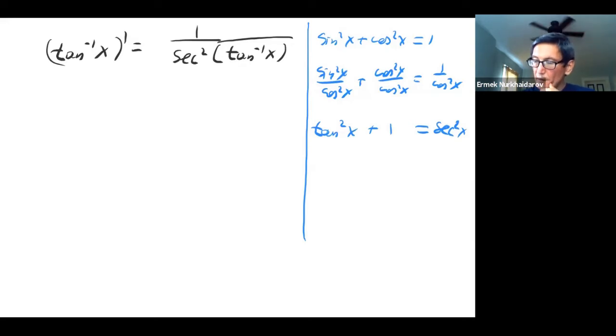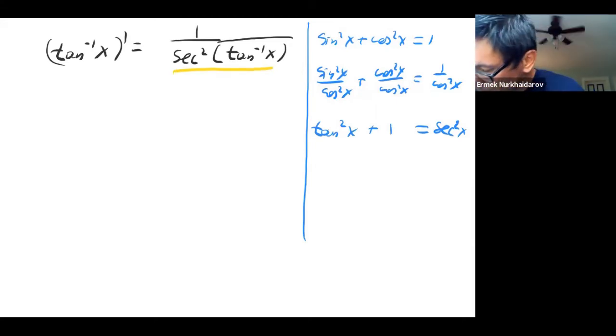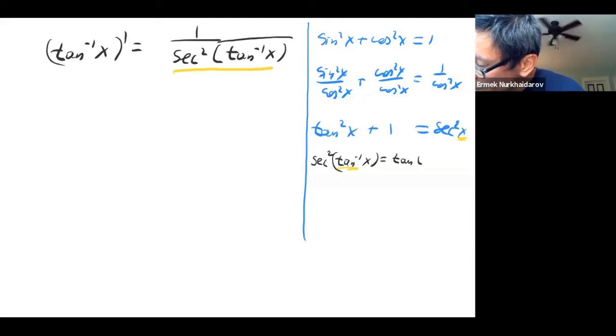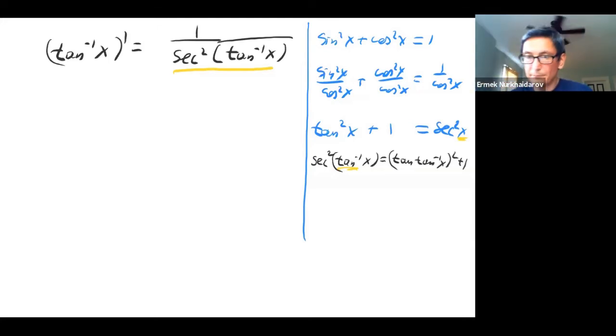And now we'll calculate secant squared of tangent inverse x. So instead of x here, I'm putting tangent inverse. Then my left side is going to be equal to tangent of tangent inverse x, squared, plus 1.